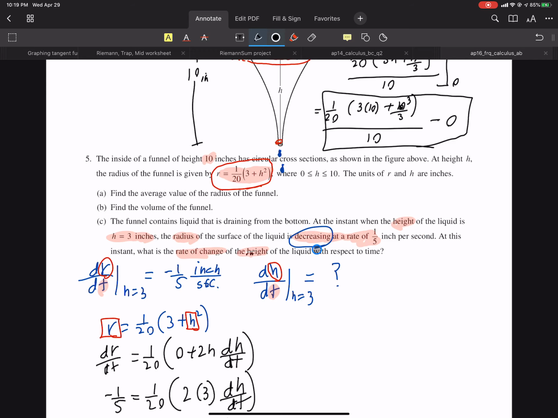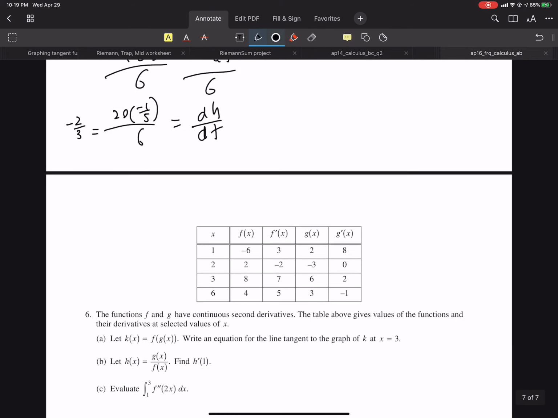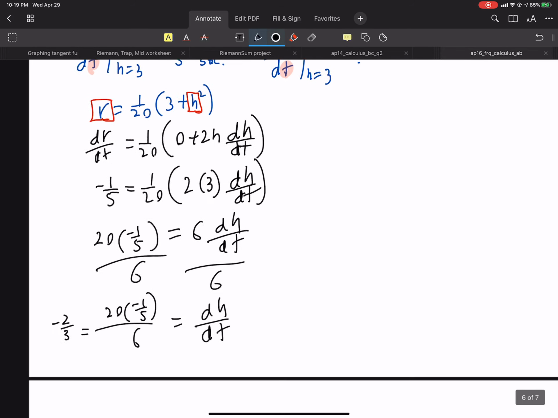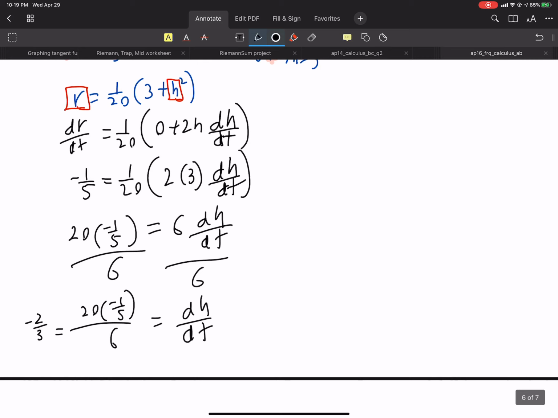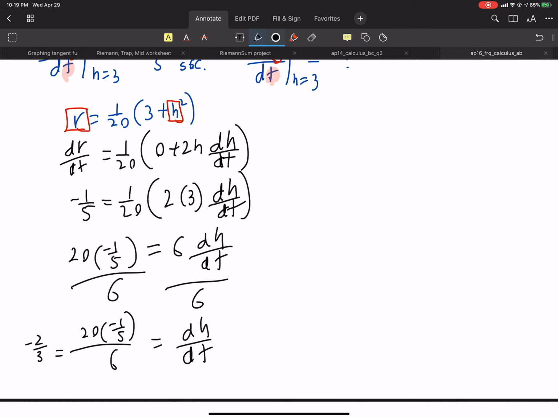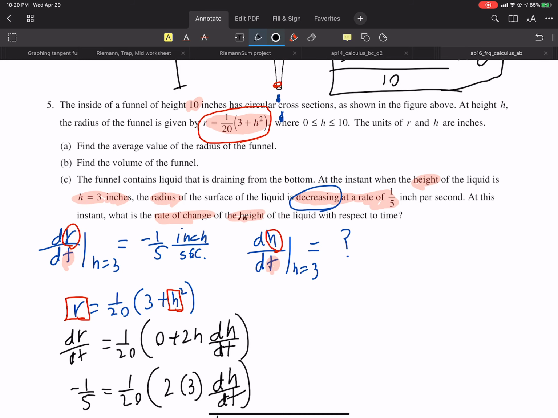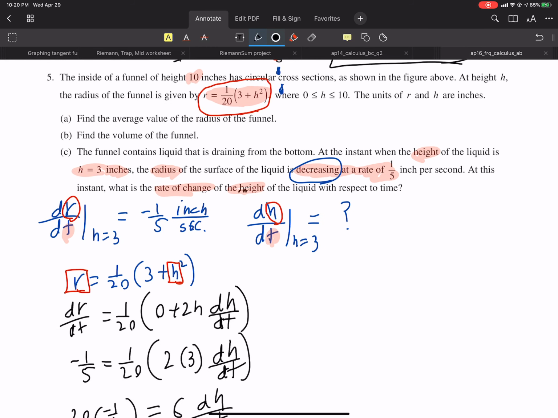It does not ask for units, but you know what? Let's just for practice, let's go for it. Let's put the units. I should have been keeping up with this, shouldn't I? Well, it's height. Change in height over change in time. Height is in inches. Time is in minutes.